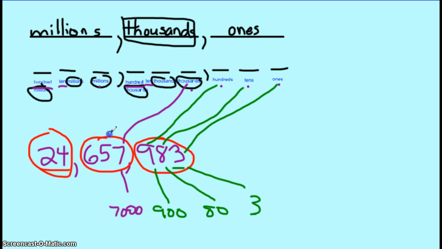So let's go to the 5. The 5 is in the 10,000s place, and so we're counting 5 10,000s. Let's count them out together: 10,000, 20,000, 30,000, 40,000, 50,000. So this is worth 50,000.